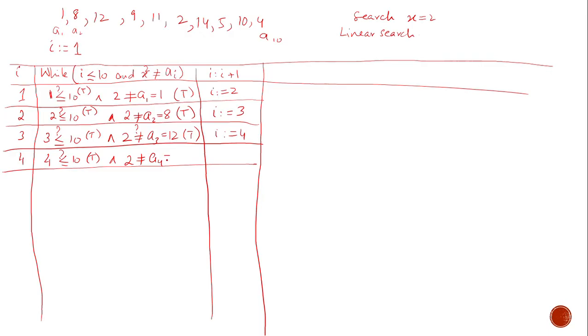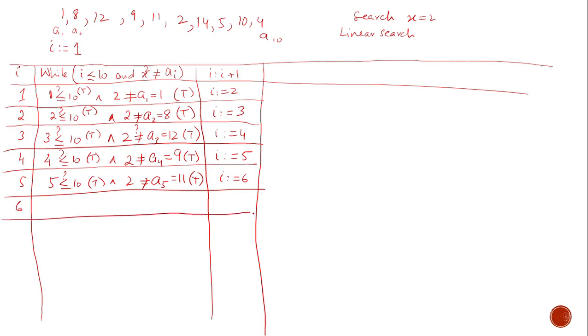A4 is 9 here, this is true. So we move forward to the fifth location, and at the fifth location again we check the same, that the list does not end yet, and 2 is not available at the fifth location either. The fifth location has 11 on it. So both the conditions are true, so we move forward to the sixth location.